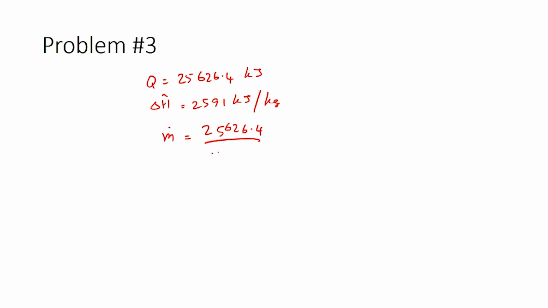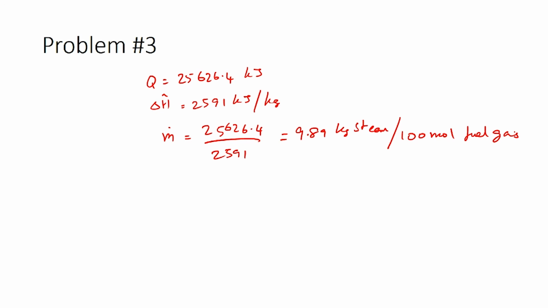So, Q is equal to 25626.4 kilojoules, and delta H cap we just calculated to be 2591 kilojoules per kilogram. So, your m dot, the mass of steam generated, would be 25626.4 divided by 2591, giving you a value of 9.89 kilograms of steam per 100 moles of fuel gas burnt.